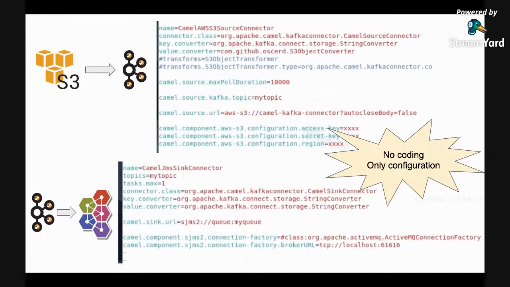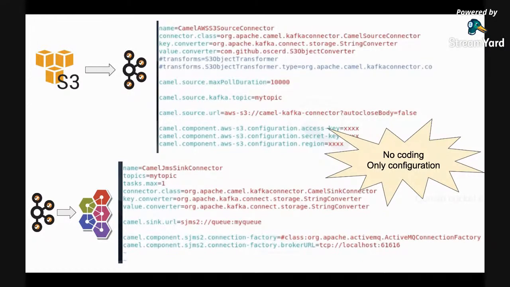As we see in the S3 configuration, you are specifying a connector class, a converter for the key and for the value of your message, and these are options related to Kafka Connect, and they are combined with options coming from Camel.